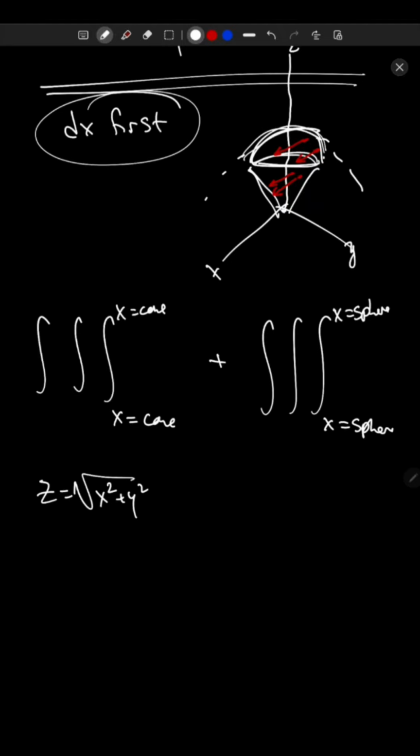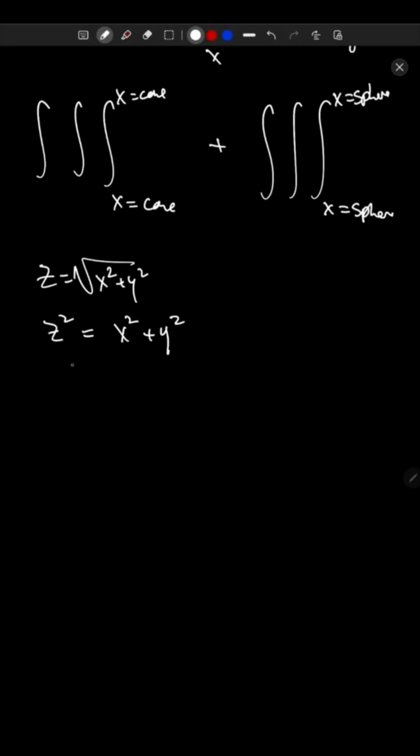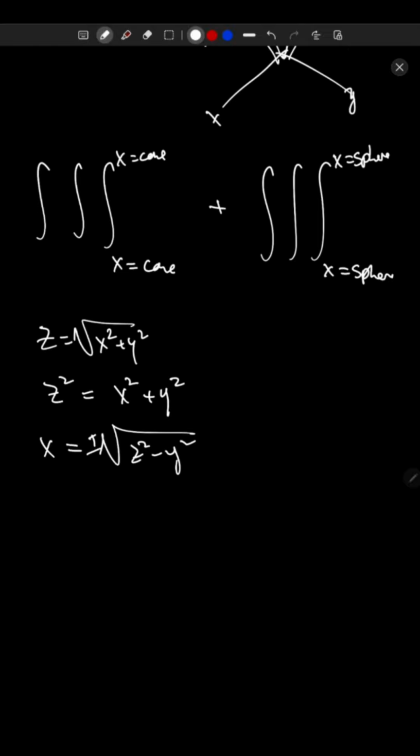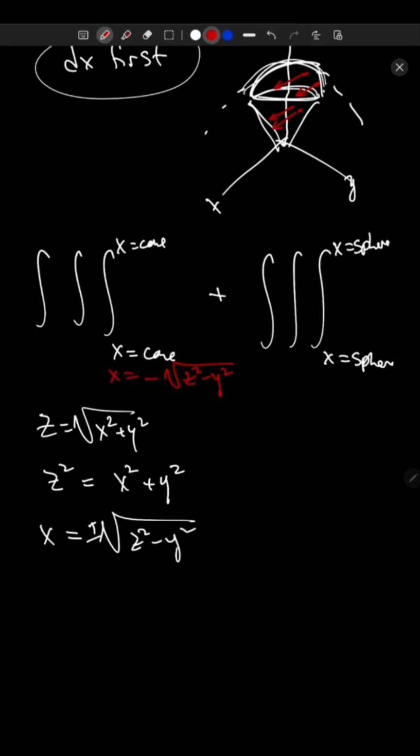So that means the cone in terms of x is going to be z squared equals x squared plus y squared, so x equals plus or minus square root of z squared minus y squared. And that plus or minus is actually important here because we're integrating from the opposite side of the cone, which is x equals minus square root of z squared minus y squared, to the front-facing side of the cone, which is x equals plus square root of z squared minus y squared.